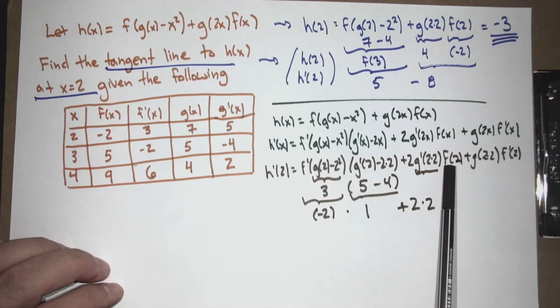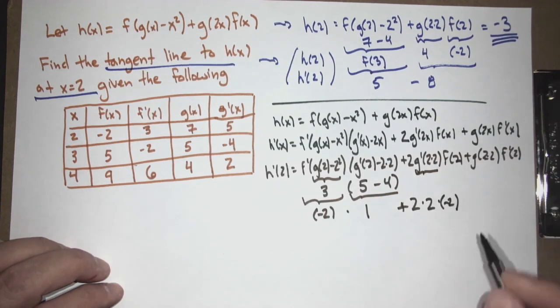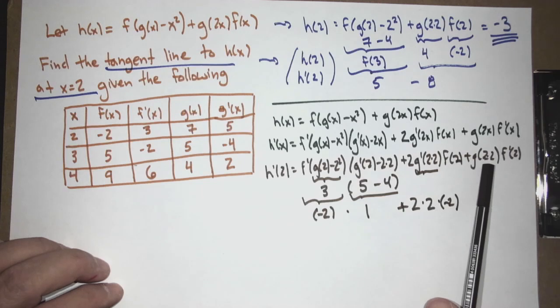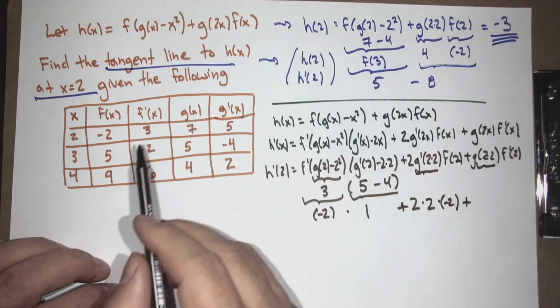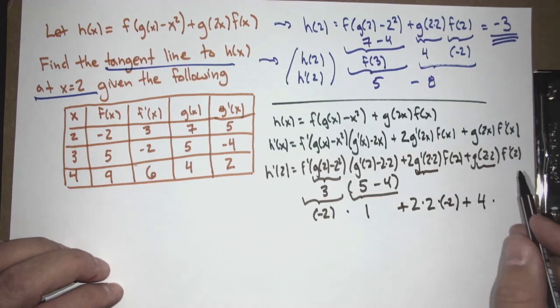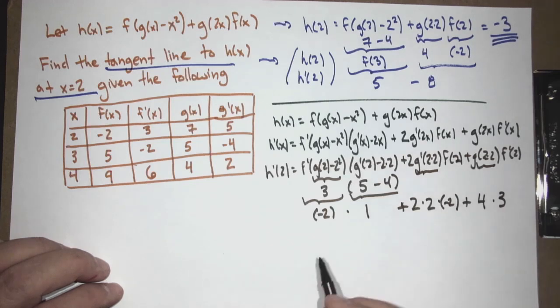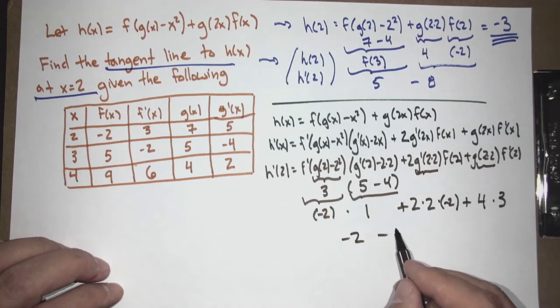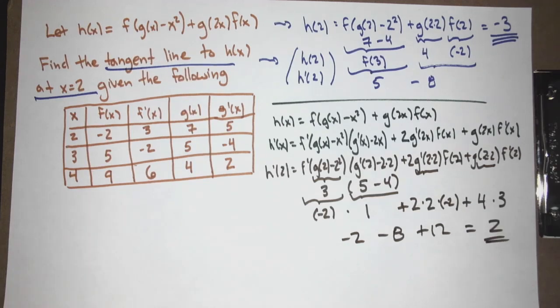Then this says f of 2, which is negative 2. And then here we have g of 4. g of 4? 4. Times f prime of 2, which is 3. So we have minus 2, minus 8, plus 12, altogether 2. Oh, that's nice. It turned out to be not a bad number.